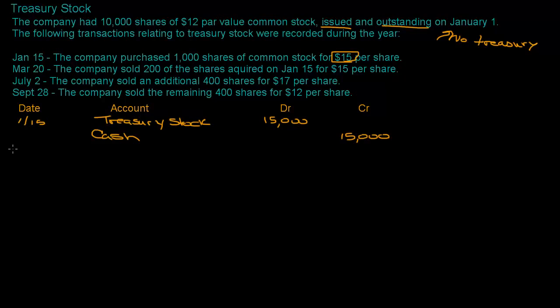So now on 3/20, the company's selling 200 shares that they acquired on January 15th for $15 per share. So if the company is selling the shares, the company is going to receive cash. So we know that that is one of our accounts. They're giving up treasury stock.